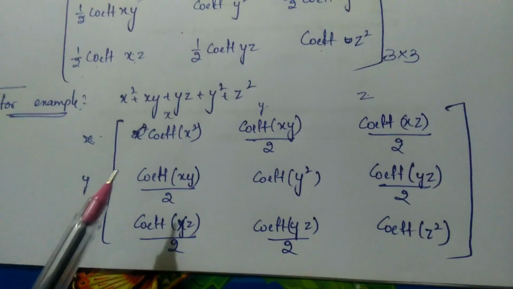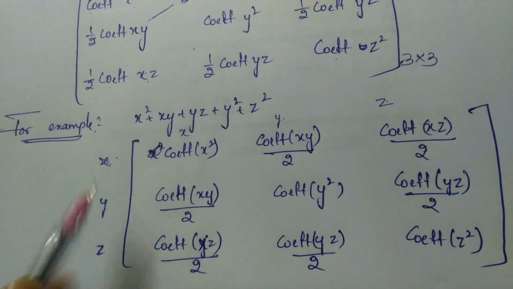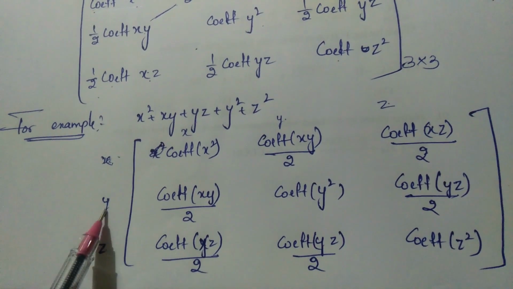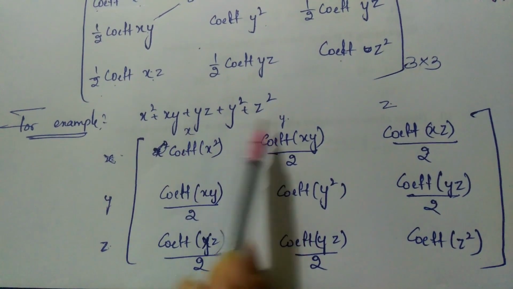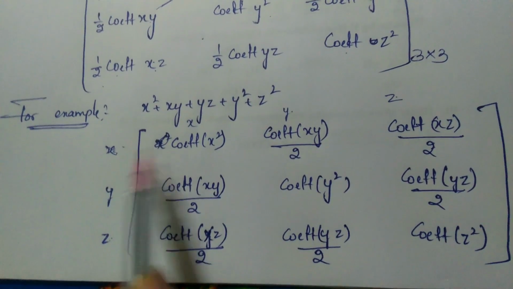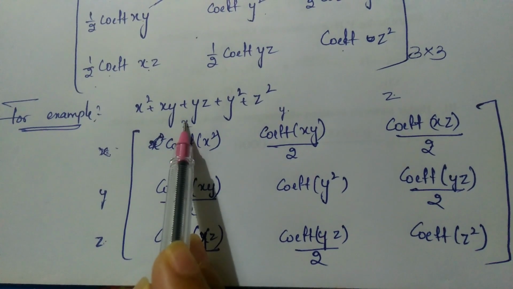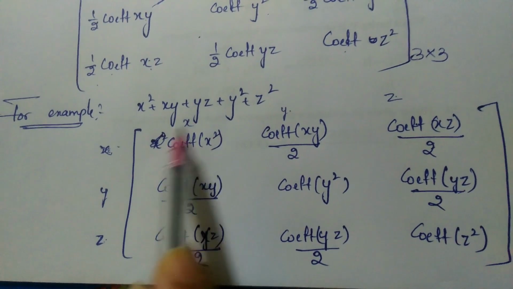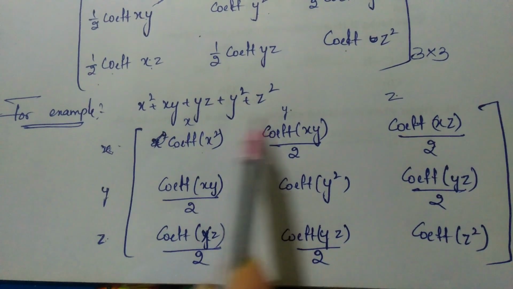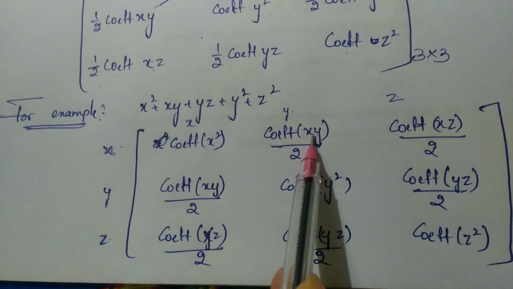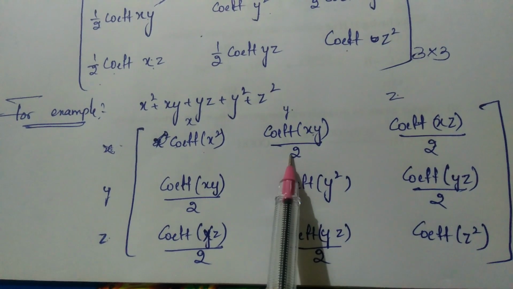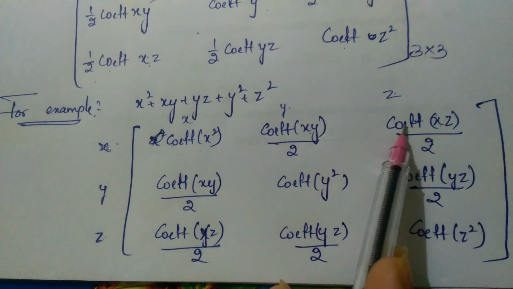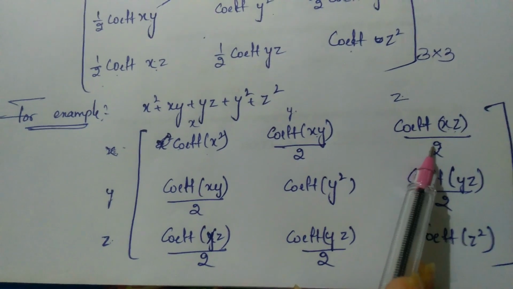Here, to make our problem easy, we write x y z here, and x y z here. So the first element is x into x, that is x square. So the coefficient of x square we will write here. Then x into y, the coefficient of xy divided by 2. Then x into z, that is xz, coefficient of xz divided by 2.